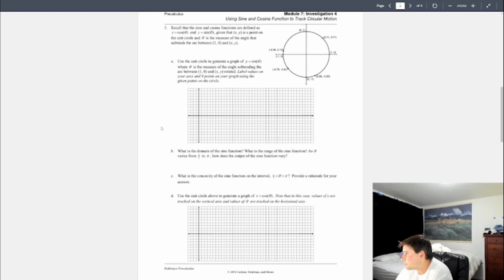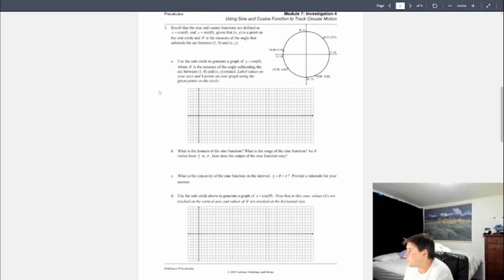Use the unit circle to generate a graph of y equals sine, where theta is the measure of the angle subtending the arc, plotting values on your axes and 8 points on your graph using the given points on the circle.